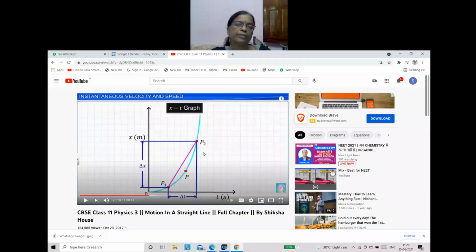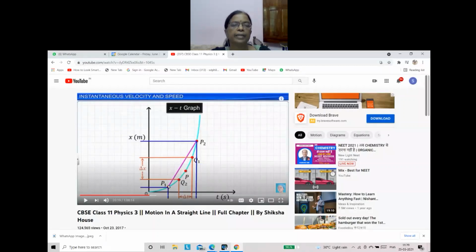Next step, we take some other points Q1 and Q2 near P, two other points on either side of P. Delta t is reduced, and we get lines Q1Q2, etc., on further decreasing the value of delta t. So what is done here, children? The time interval is reduced.